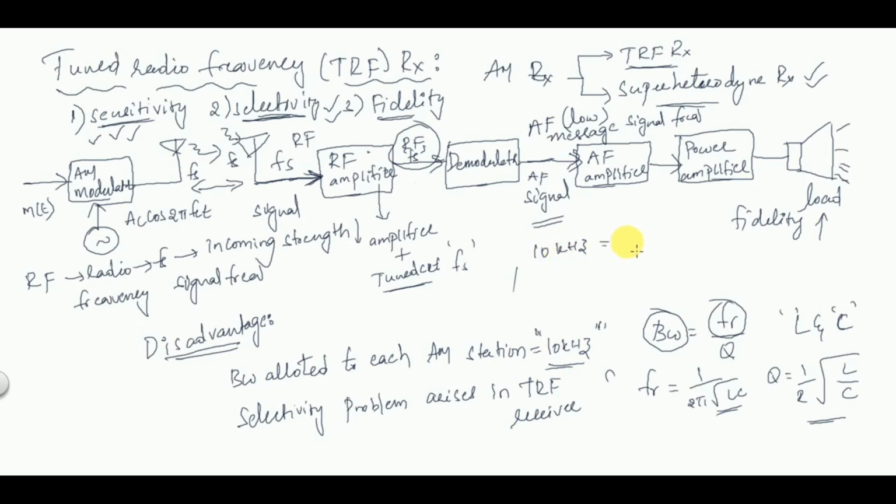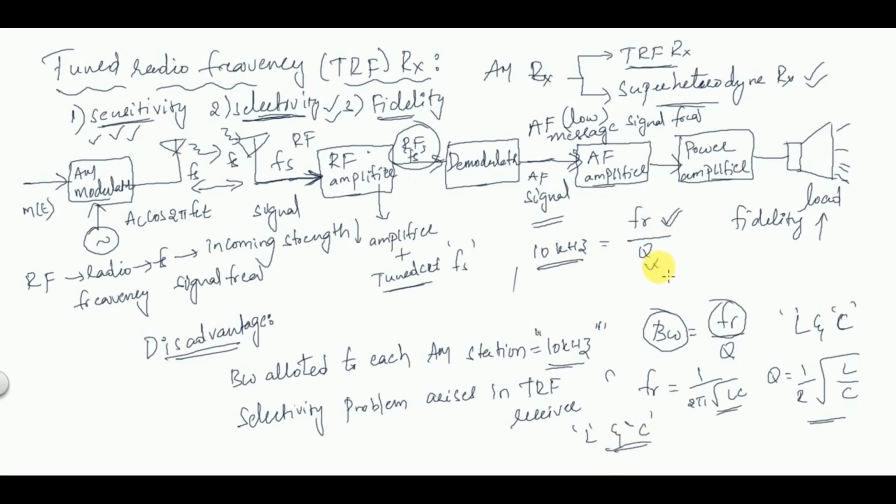So to keep the constant bandwidth of 10 kilohertz, it is impossible to keep FR or Q constant, because if you want to change FR or Q to make this constant, we have to tune the L and C components only. So the L and C components must be tuned.